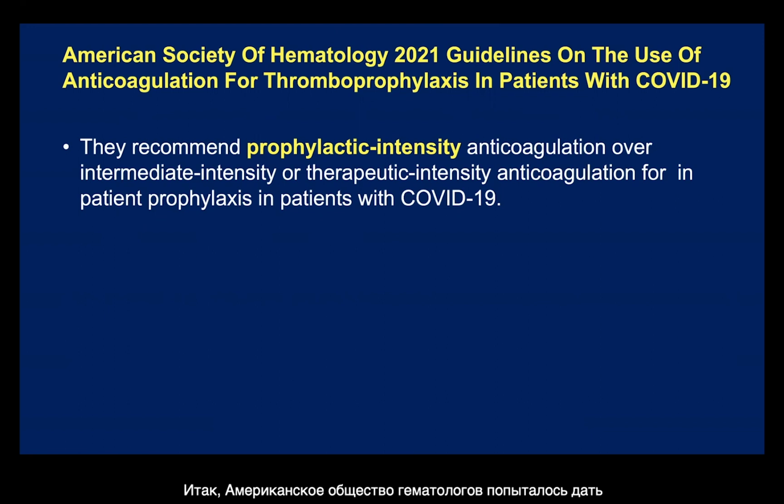So the American Society of Hematology really tried to put together some guidelines to give us some information about how to proceed. After evaluating the literature, they decided that as of the current time, standard intensity anticoagulation, instead of intermediate intensity or therapeutic intensity, should be used for inpatient prophylaxis with COVID-19.